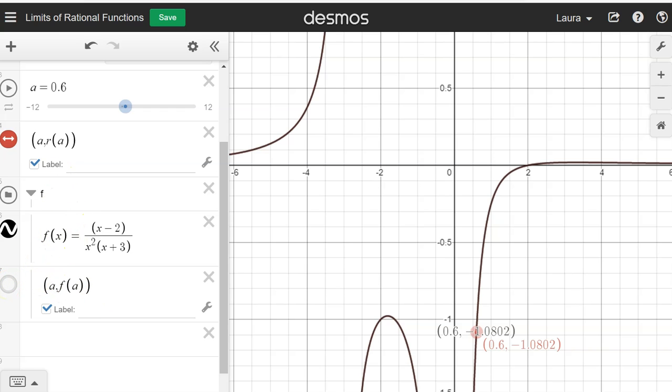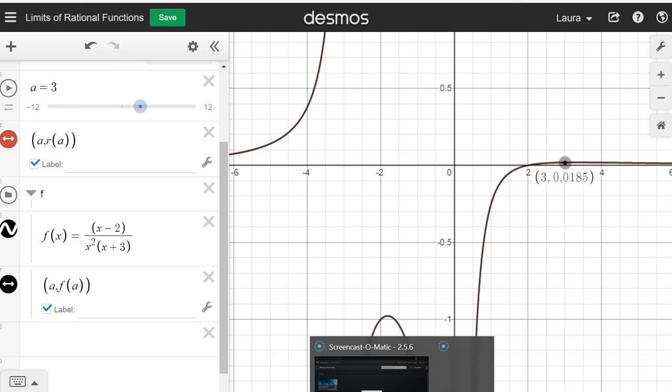Okay. As we let a approach 3, they're the same at 2, 2.7. Whoops, I went too far. The f function still exists there. That's 3 and 1/54, I guess. But the r function doesn't exist. We're in the hole of the r function. So that is that.